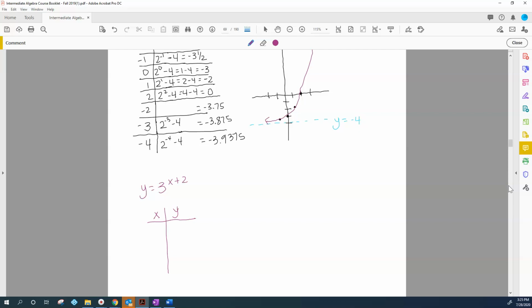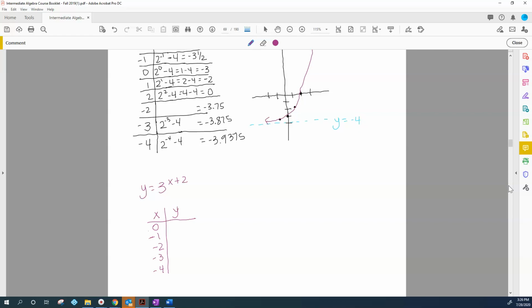So if I had x as negative 2, that would be where I want to start. And then I'd want to pick a couple in each direction. So that's a good way to pick where to start your x's, so when you graph it, you can have an idea of what that looks like.